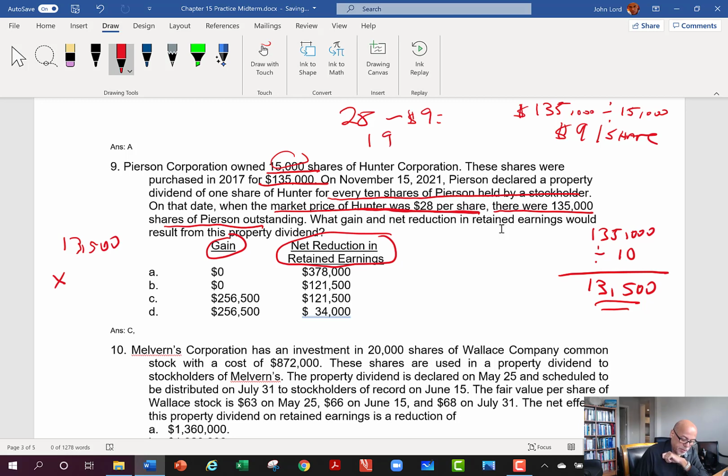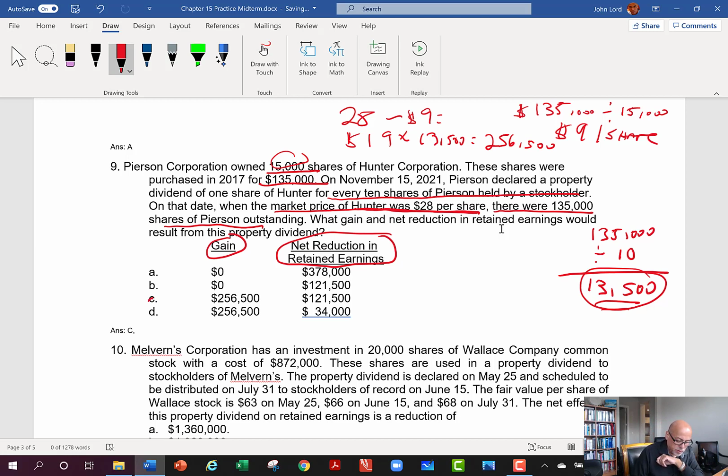I take that $19 per share times the 13,500 shares that I'm going to be distributing here, and I come up with 256,500.